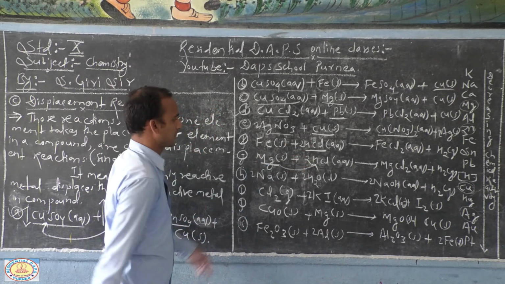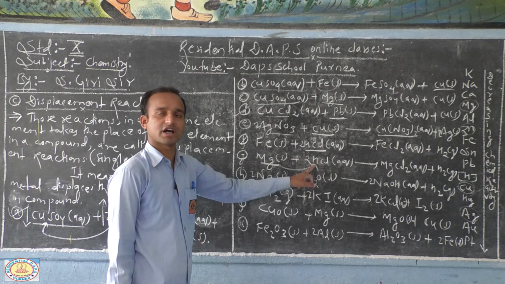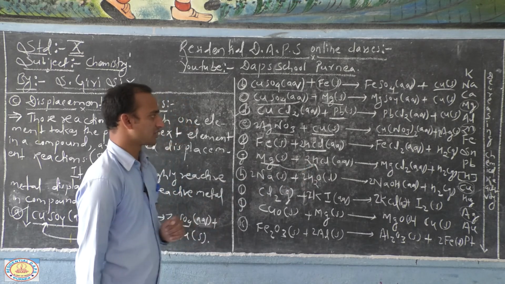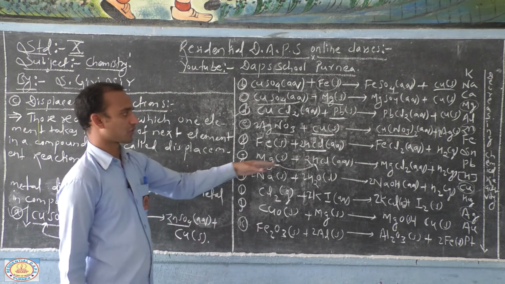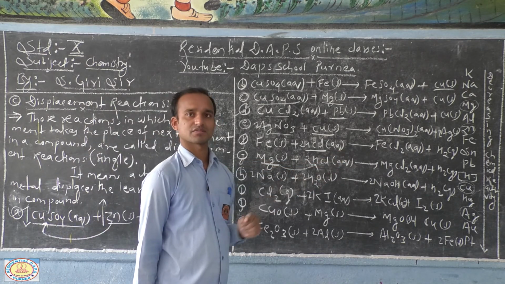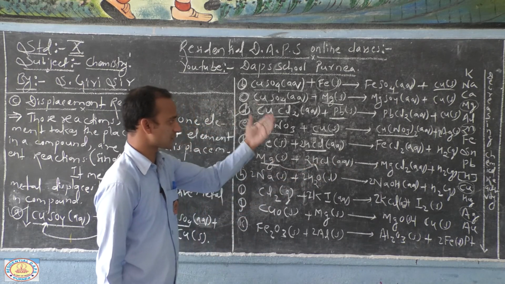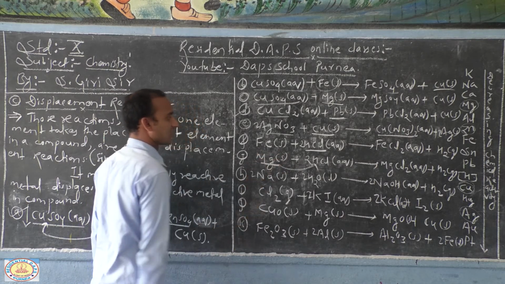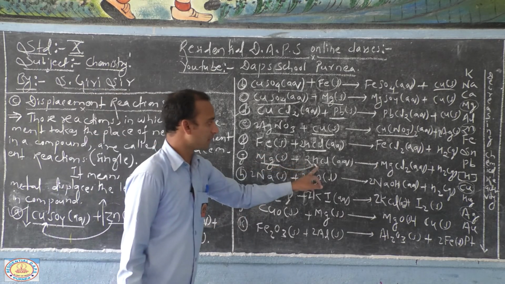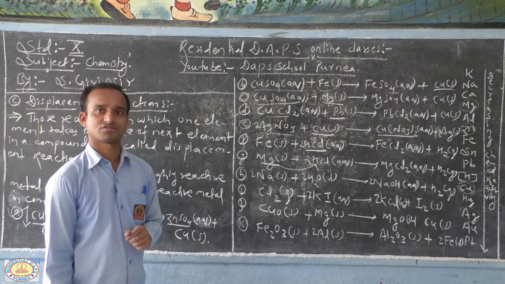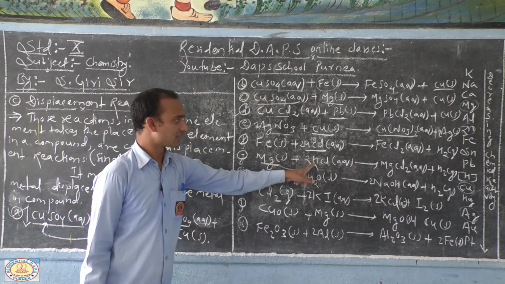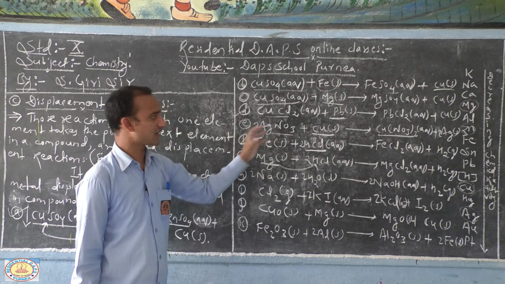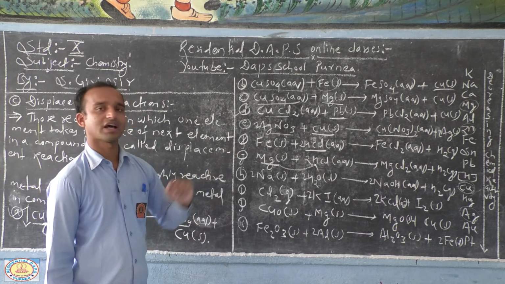Next, you may take more examples, zinc: the laboratory preparation of hydrogen gas, when zinc metal is allowed to react with dilute hydrochloric acid, then hydrogen gas is formed. Similarly, it is also a displacement reaction, a single displacement reaction. You should take a reactive metal, more reactive than the metal already present in that solution, right? One metal must be least reactive in a compound, and the metal you take next must be more reactive than the one already present in that compound.